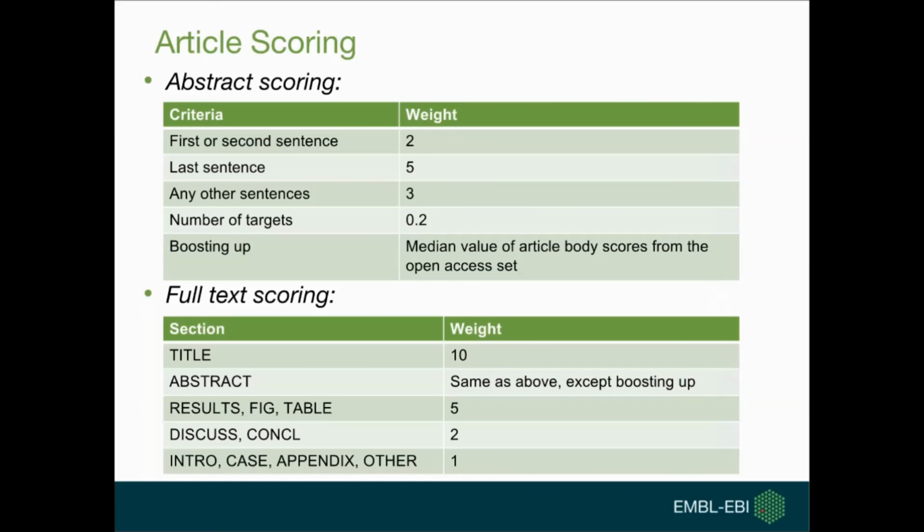For assigning scores to full text articles, we use section information. For example, title would be the most confident part. Therefore, we assign the highest weight, 10, to title.